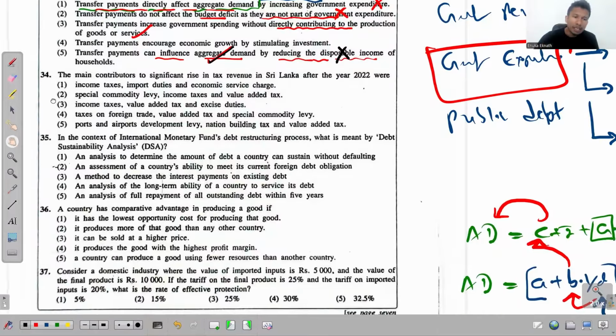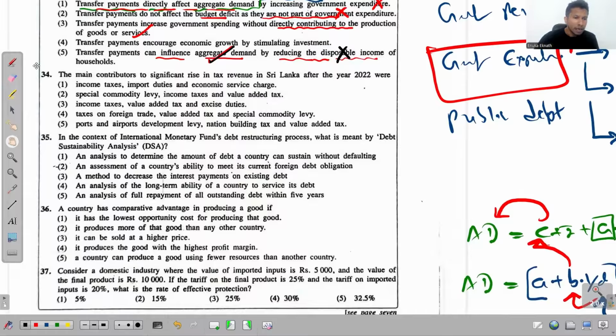Now look at this question 34. It says the main contributors to the significant rise in tax revenue in Sri Lanka after the year 2022 were. See that now, once it says main contributors, you can understand with general knowledge that after 2022 personal income taxes were really high. So that has to be one of the main reasons.